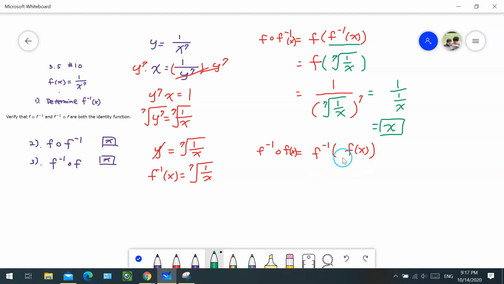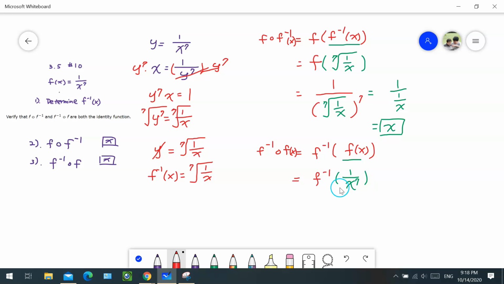Now we start from the inner function, f of x. From the question here, we know that f of x is 1 over x power 7. So I'm going to rewrite f of x with 1 over x power 7. F inverse remains outside.